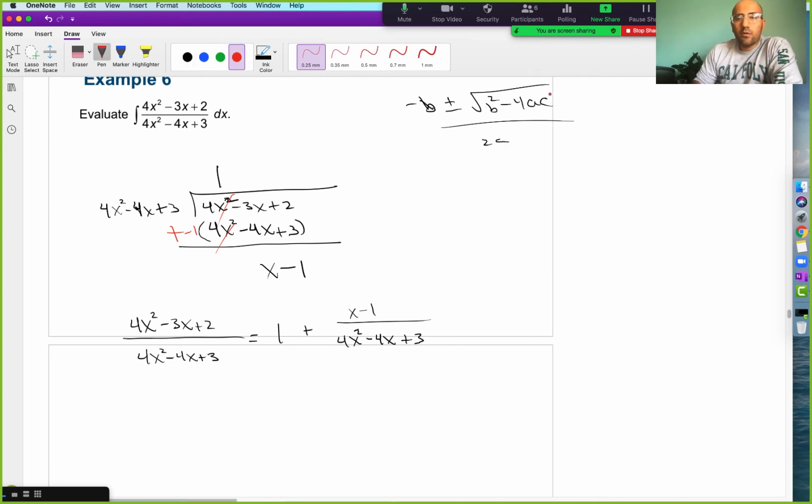So in the quadratic formula, if this is negative, then we have imaginary solutions.